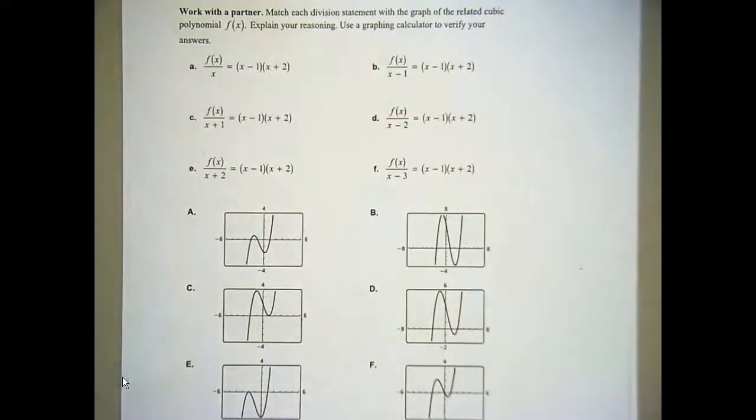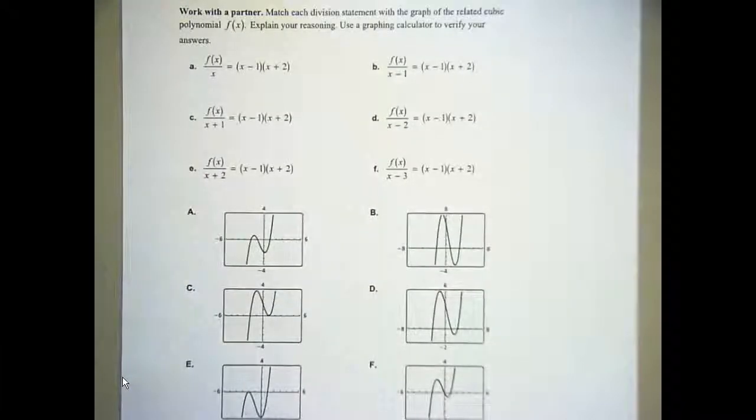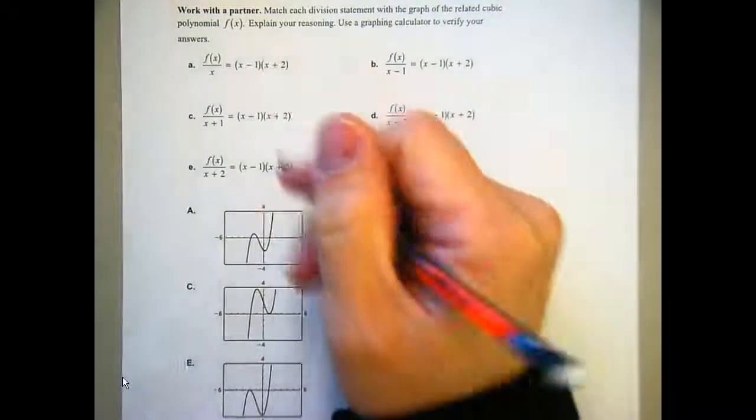All right, can I have your attention back up here? How did you guys approach this? Matt, what did you do? Well, I basically went and found what values you have to plug in for x to get zeros in your equation.